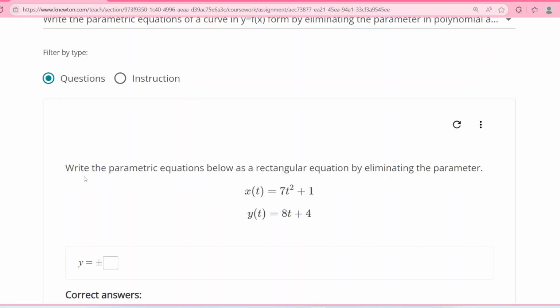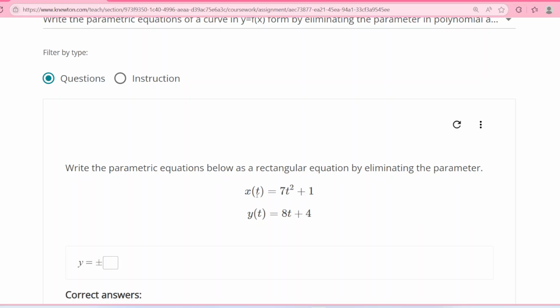All right. So in this one question I'm going to do here, we are asked to write the parametric equations below as a rectangular equation by eliminating the parameter. These are parametric equations. We have our x coordinate and y coordinate of whatever position we're at on the xy plane, the Cartesian plane.